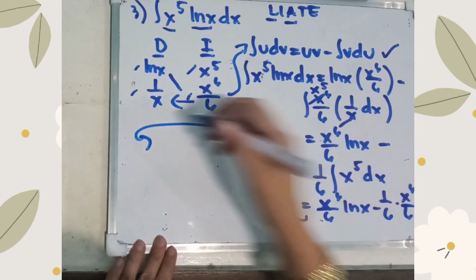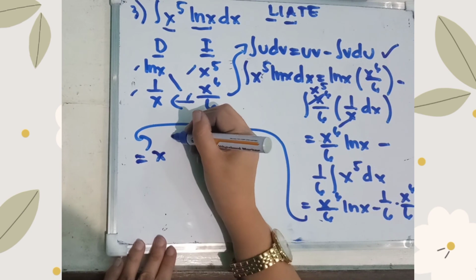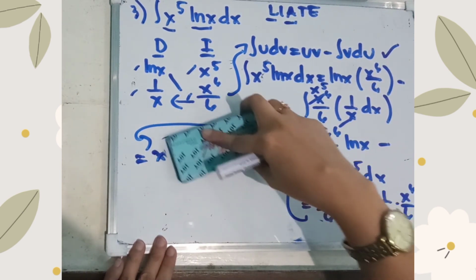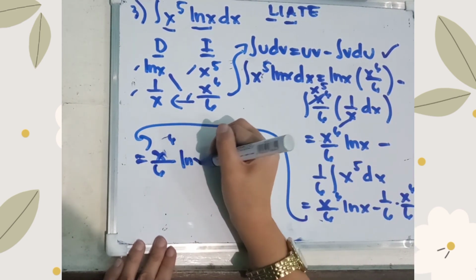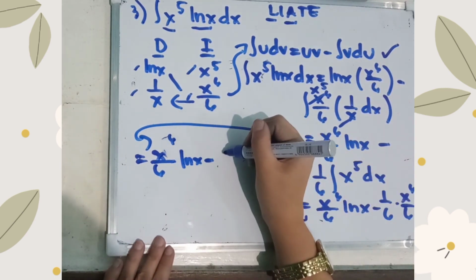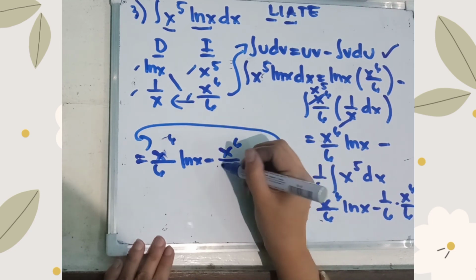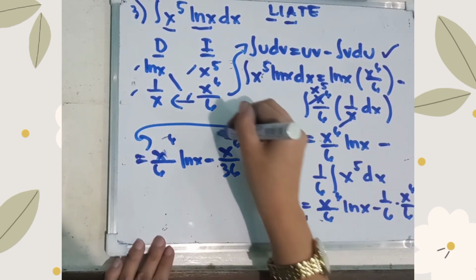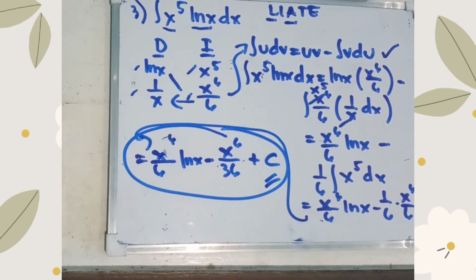That is x to the power of 6 over 6 ln x minus 1 over 6 times 6, that is x to the power of 6 over 36, plus the constant of integration c.